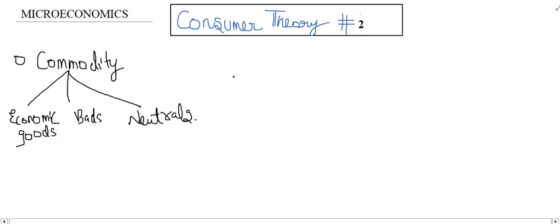For example, there's a consumer, Mr. A. He loves to consume ice creams after dinner. So he has a basic appetite of 2 scoops of ice cream.